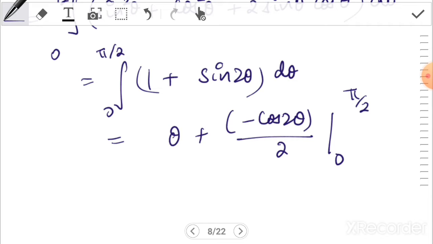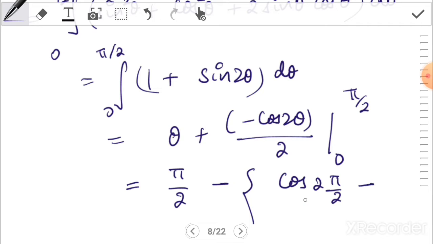Now again, pi by 2 plus, if you take minus out, cos 2 pi by 2 minus cos 0.